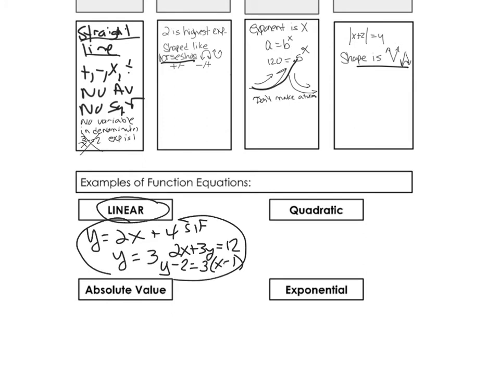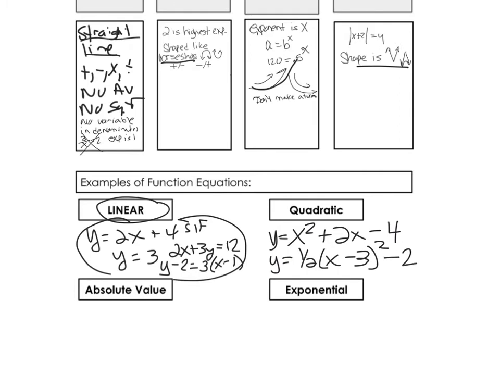A quadratic will always have a square in it. So it'd be like y equals x squared plus 2x minus 4. That's standard form of quadratic, or it could be in vertex form, which you'll learn about later on. The key to this is the squares.